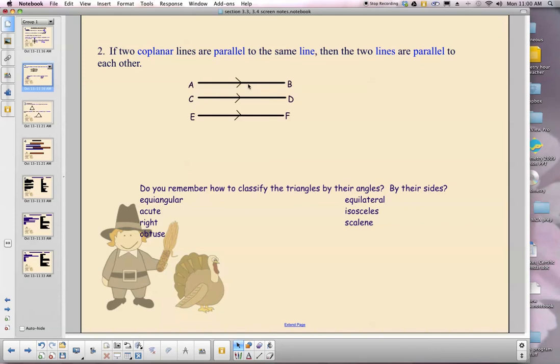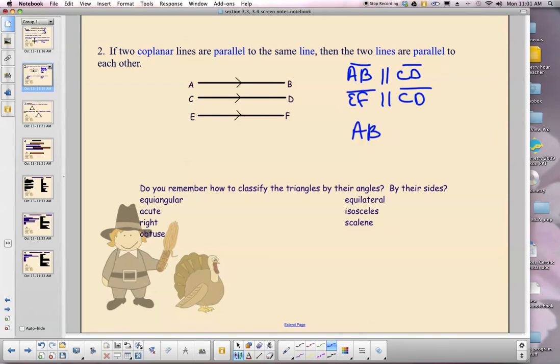So if AB is parallel to CD and EF is parallel to CD, then AB has to be parallel to EF. That would be your conclusion based on this theorem. Okay.